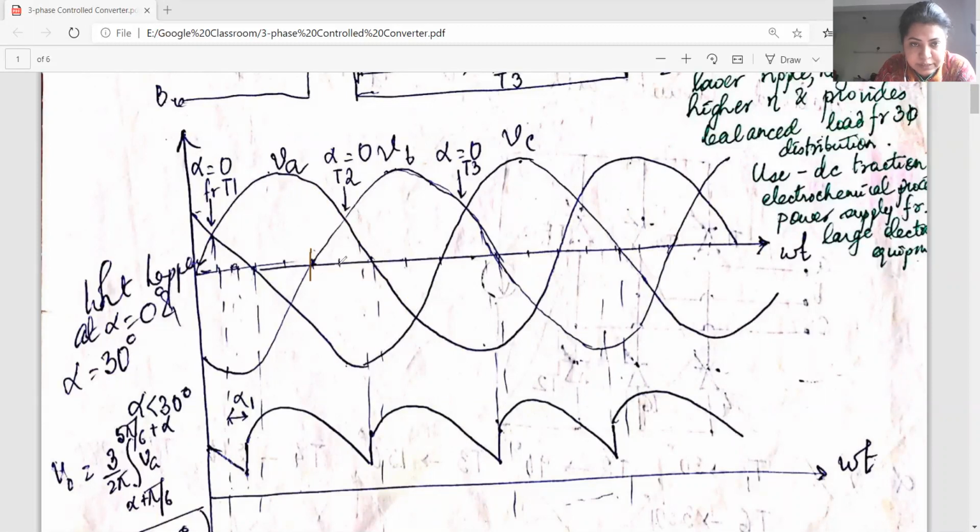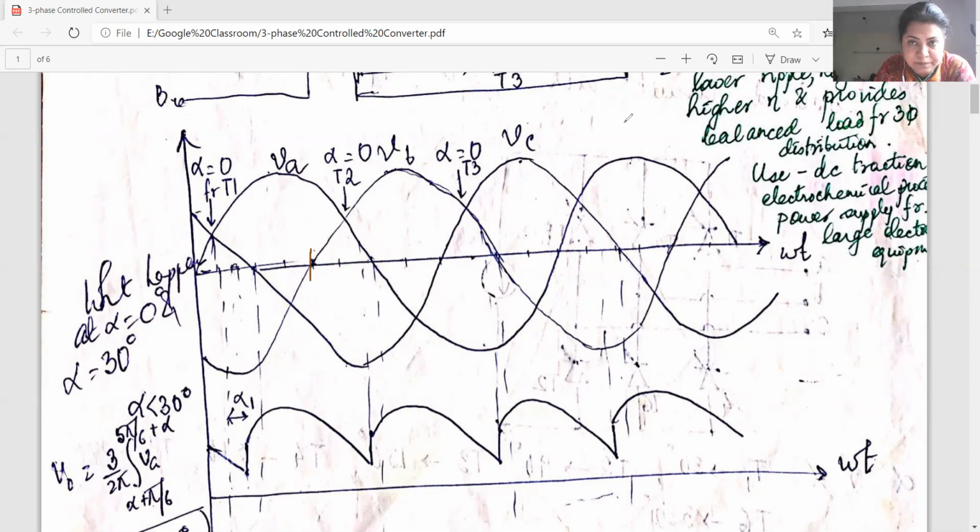VB goes here 30, 60, 90, 120, 150, 180. So this is a half cycle of phase voltage for B. This is the full cycle of VB, and again another 120 degree interval, that is 30, 60, 90, 120, we have VC. So like this, we have to first divide the entire omega t scale, the entire x-axis, into divisions of 30 degrees, and thereby draw the waveforms of the phase voltages VA, VB, and VC.